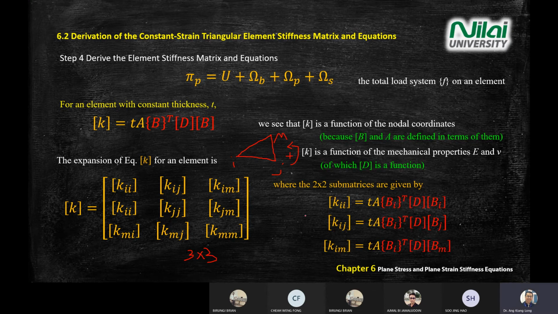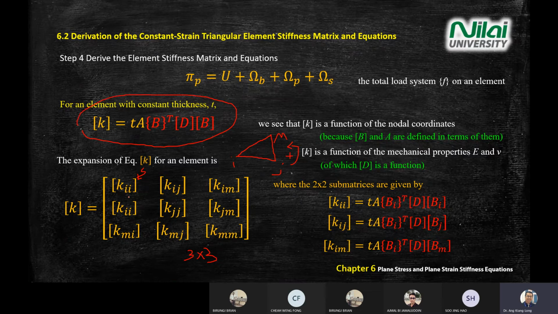So what does it mean? It means that each one of the K, for example, Kii, you need to calculate based on the equation that is given on the screen. It's a very jumbo matrix actually. So for Kii itself, that's why you see a square matrix symbol around the Kii. So Kii, each one of it, you need to calculate using this equation.